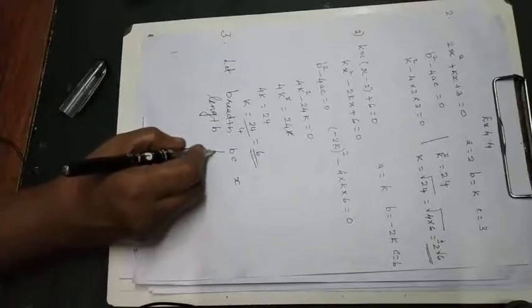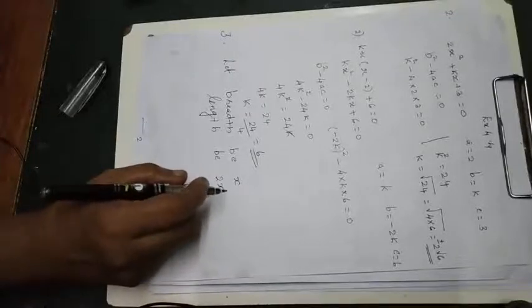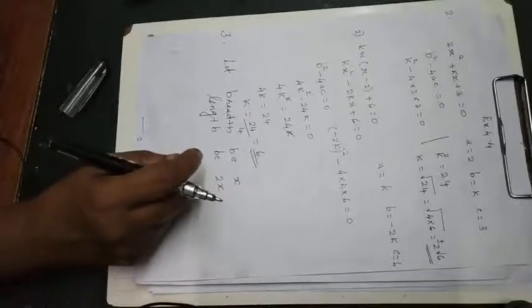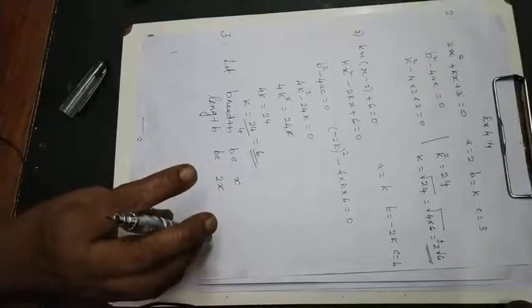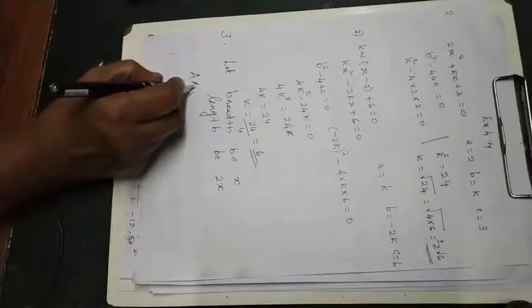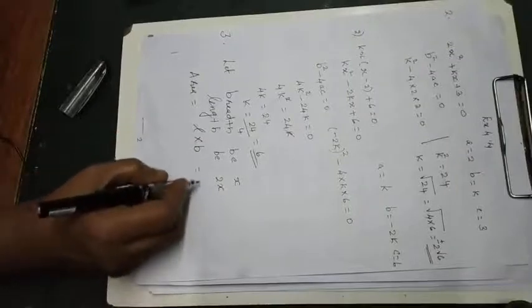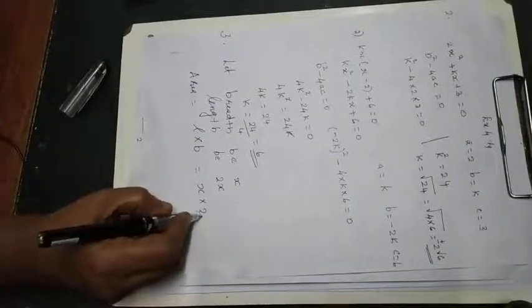So length will be 2x. Now we know the formula of the area of a rectangle: length into breadth. So here it will be x into 2x.